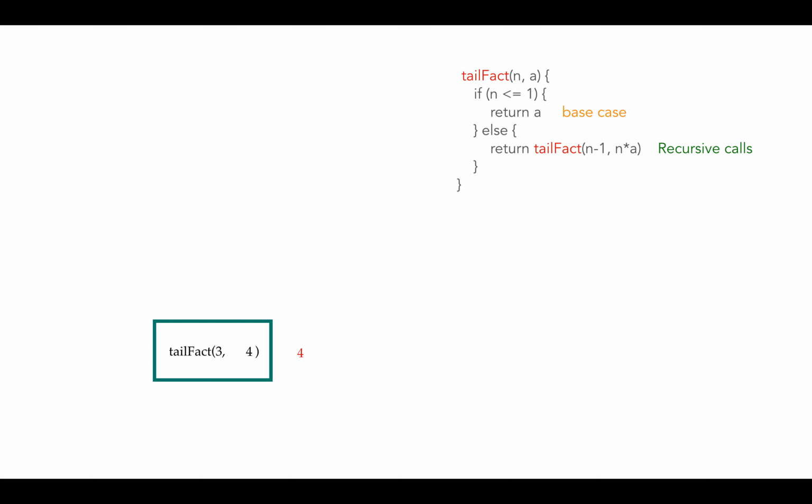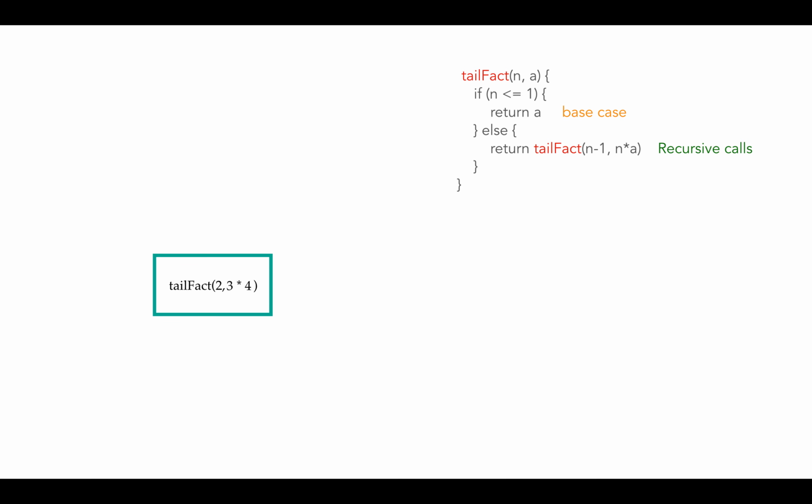Now notice it does not have any further operation to perform on the value returned by the next call. So it does not have any value to hold in this stack frame. So now it doesn't have to come back to this call and this frame can be removed. Now the second call, for this call n becomes 3.